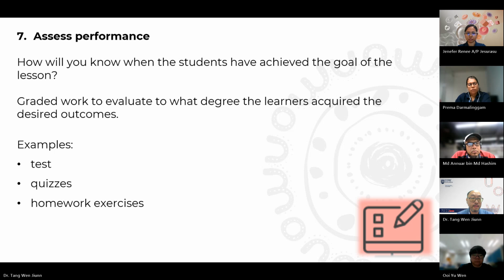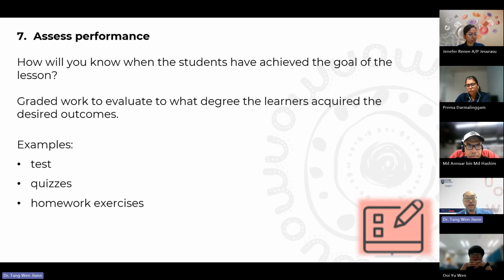Of course, we don't give them daily tests. After a few chapters, we can give them a test to see how much accumulated knowledge they have secured. Quizzes you can give after the class. Homework and exercises are the common things we can give them.